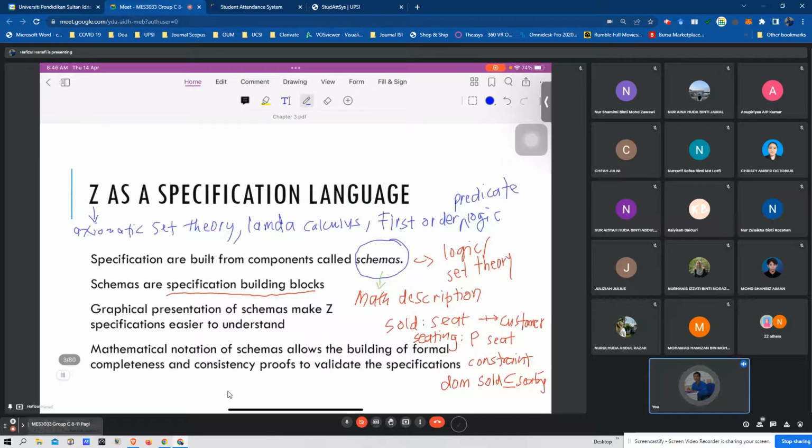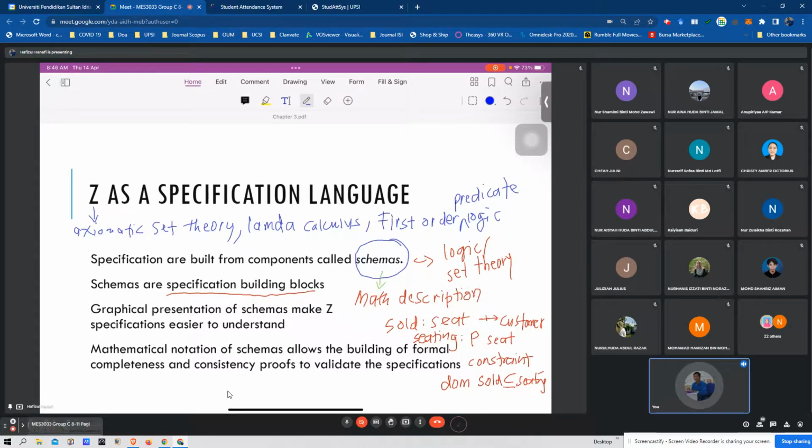Okay, we look at Z as a specification language. We continue. Z is basically built from a component called schema. The schema uses logic or set theory. Other than that, Z also uses set theory, lambda calculus, first order predicate logic, and so on.